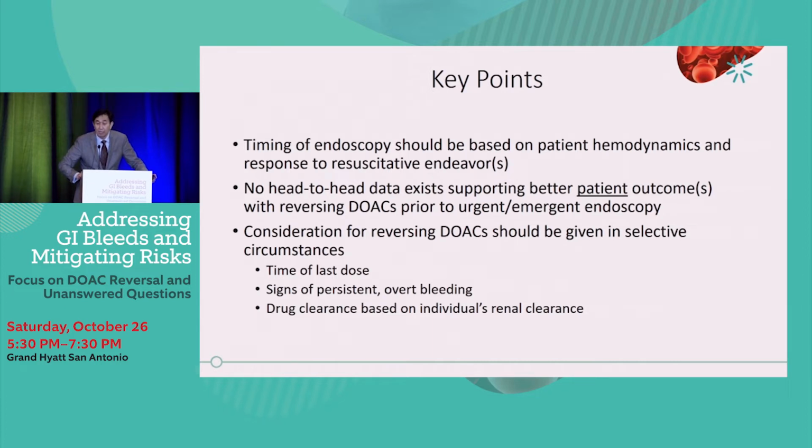And lastly, reversing the DOACs should be reserved for very selective circumstances, which depend on the timing of the last dose, signs of persistent severe bleeding, and also, as Dr. Dresden mentioned, their ability to clear the drugs, whether renal or hepatic related.